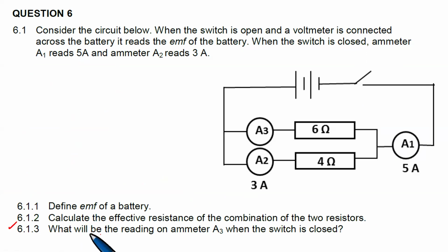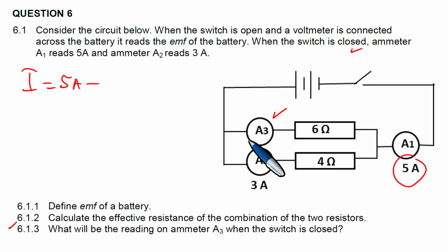Now let us look at 6.1.3. What will be the reading on ammeter A3 when the switch is closed? We agreed that the switch is closed. We know very well that the total current through A1 is 5 amperes.